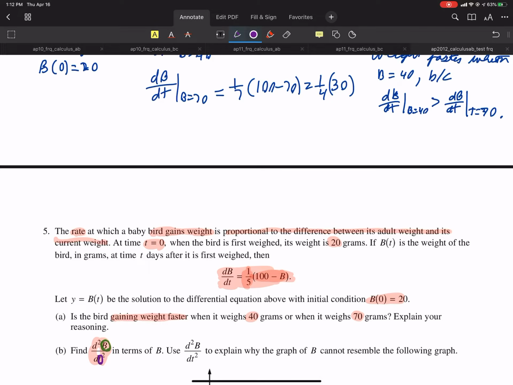So when we're finding the second derivative, I'll do b right here. Let's start with dB/dt. So we have to find the derivative of this part, and that will give us the second derivative.